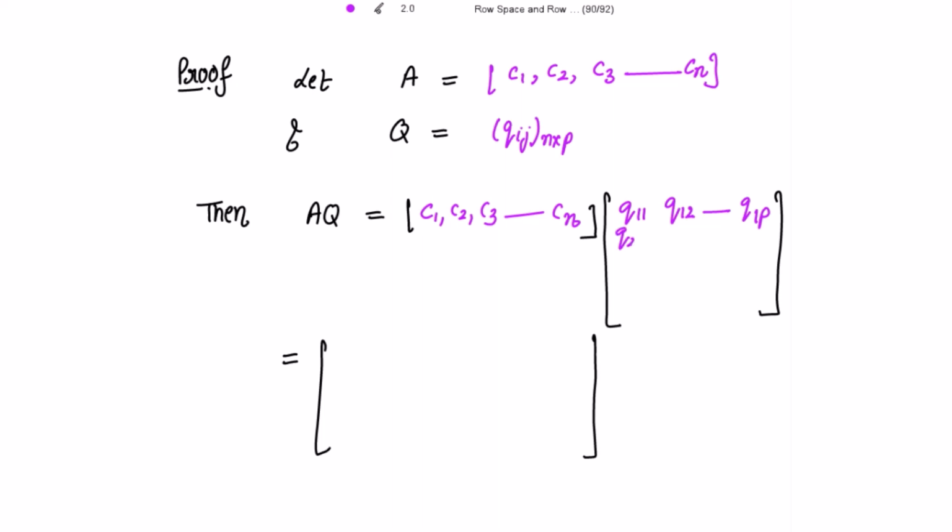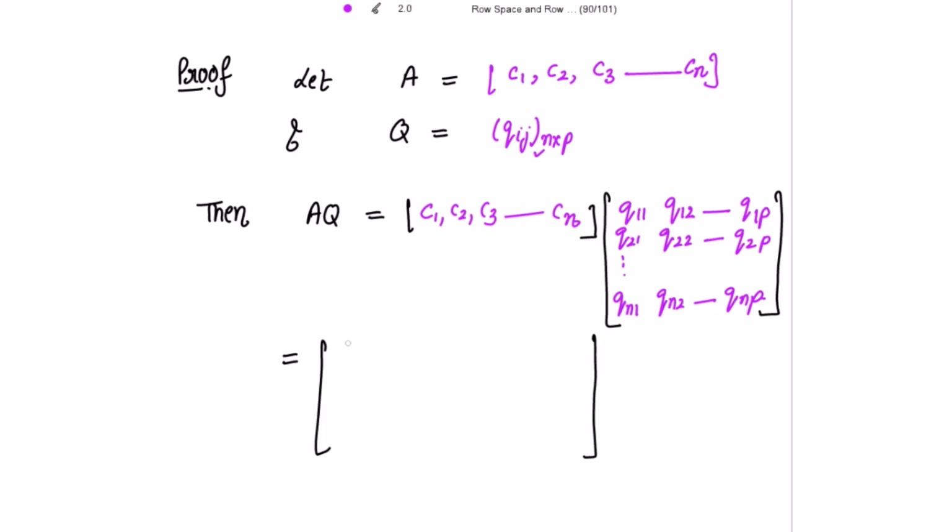Then the element in the second row and first column, the second row and second column, and so on, up to the second row and pth column. How many rows are there? N. So up to Qn1, Qn2, and so on, Qnp. So let's multiply these two matrices.